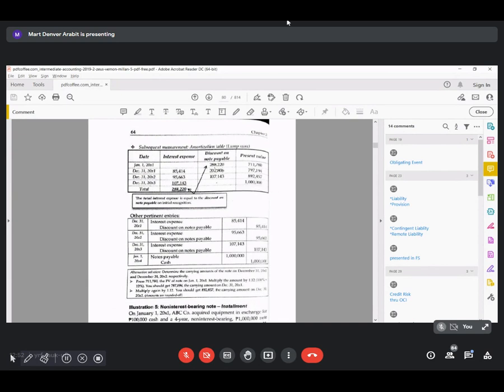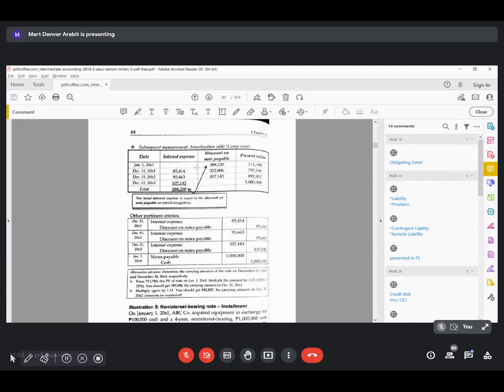So, this 202,000 is yung difference nung carrying amount ng discount on note payable deducted dun sa interest expense incurred for 2021. So, ito na yung bagong carrying amount ng discount on note payable at 2021. And ito naman yung present value and carrying amount din nung notes payable natin per books.